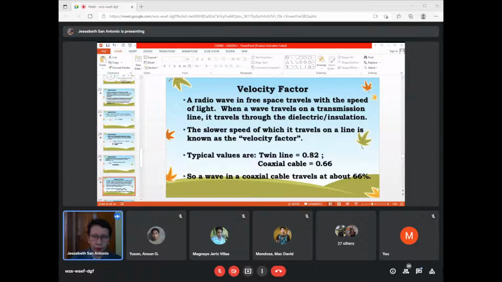So, it says here: when a wave travels on the transmission lines, it travels through the dielectric and or insulation. It also flows there, right? It doesn't choose to stay only in the conductor part. It also feels that insulation. Take note. Dielectric is another term for insulator.